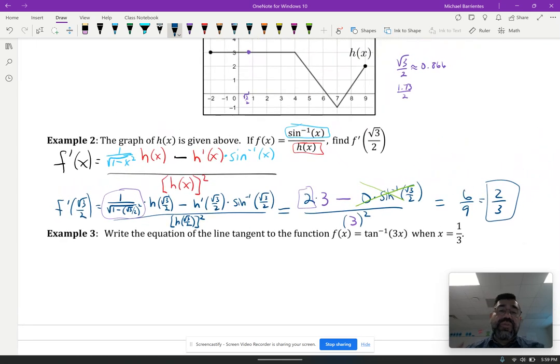We're starting to blend different rules, different shortcut rules. In this function example, we had a quotient. We were dividing, so I had to do the quotient setup in order to find my derivatives. But as I was finding the derivative of the top, I needed to know the derivative for sine inverse, which is what this formula is. And then I also need to know that the derivative of a graph is really just asking me for the slope. And so this part was asking me for the slope at square root of 3 over 2.